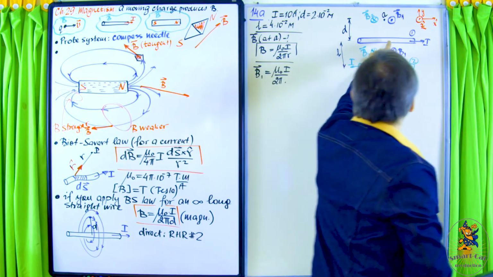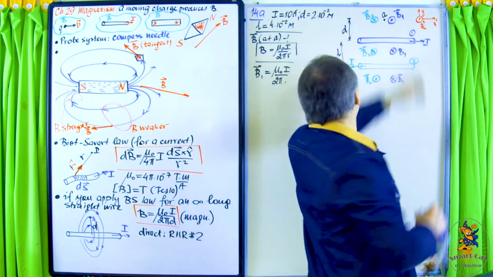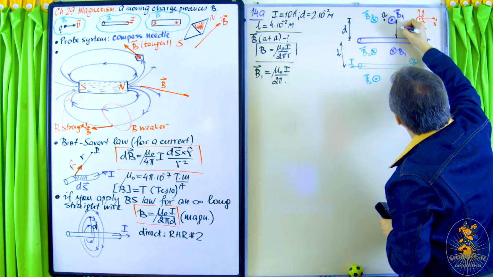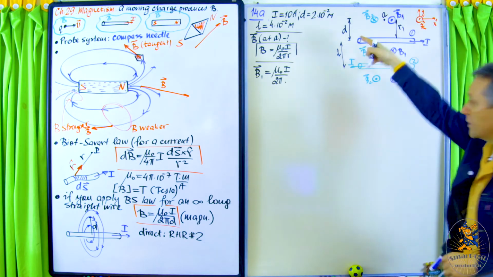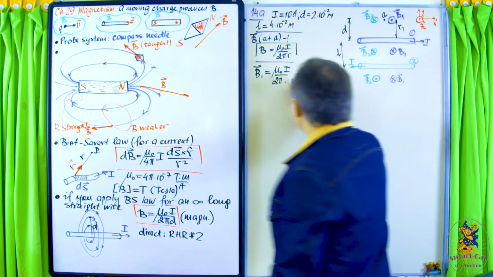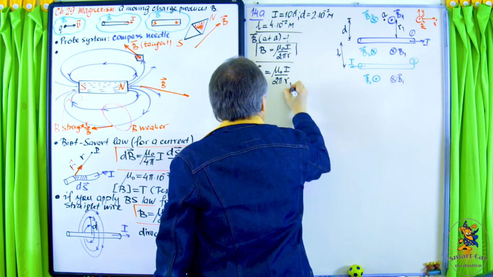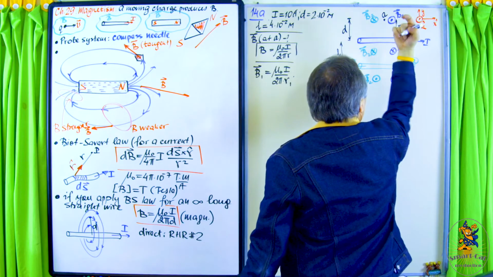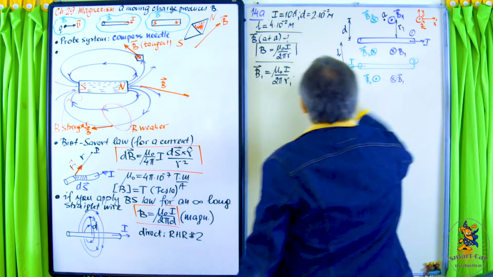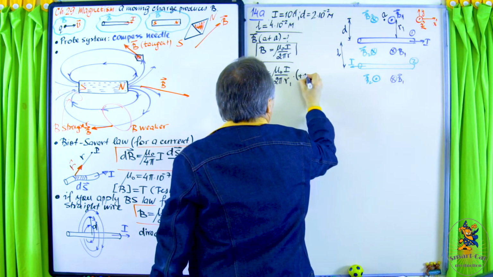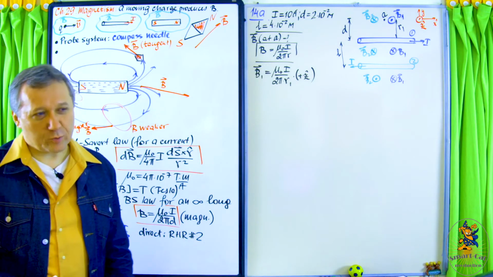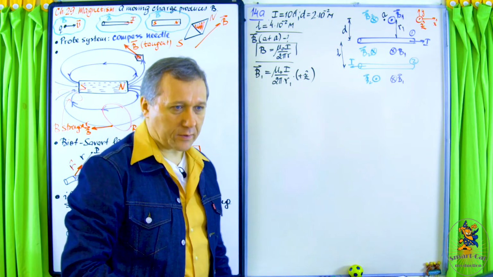In our case, for B1, it's this distance, R1, which is equal to D, but first let me still write R1. In direction, you see the magnetic field B1 is out of the board, and my z-axis is also out of the board, so plus z hat direction. I just want to be fancy and write in vector form.